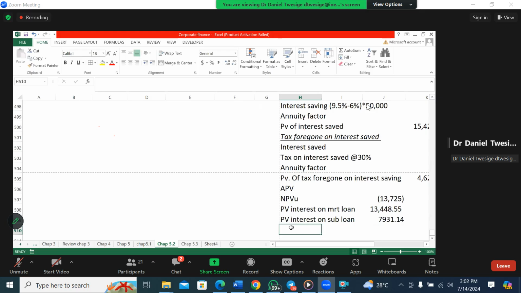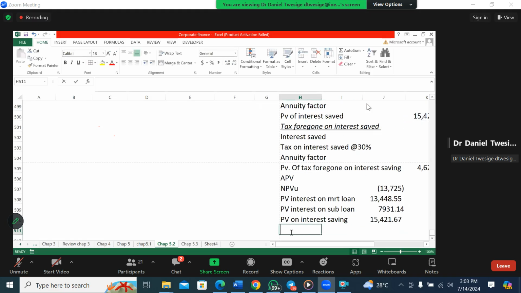We have a PV on interest saving, which we have calculated as this.